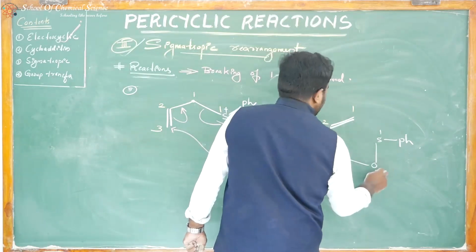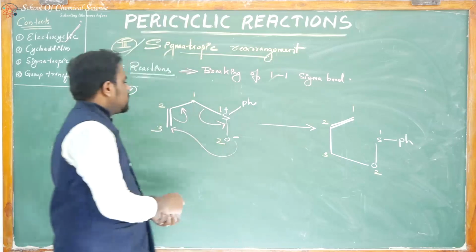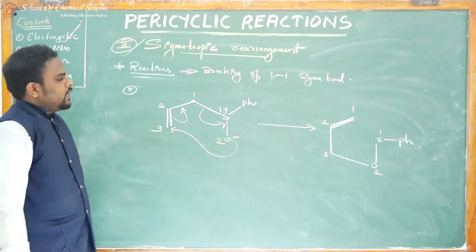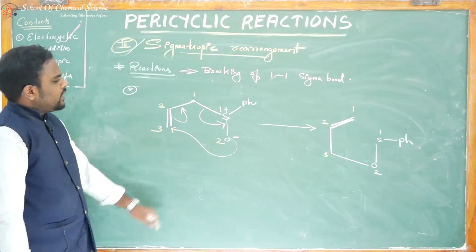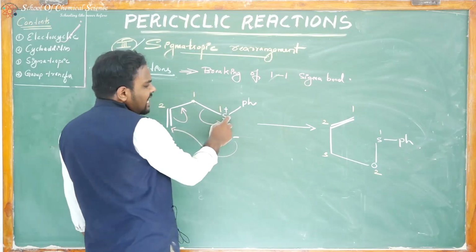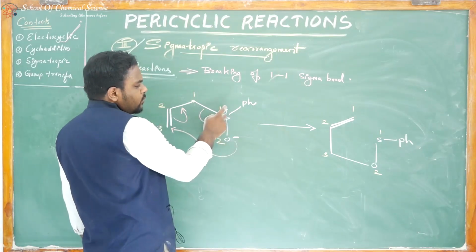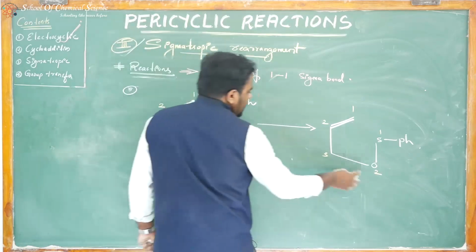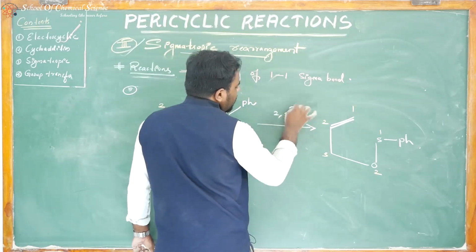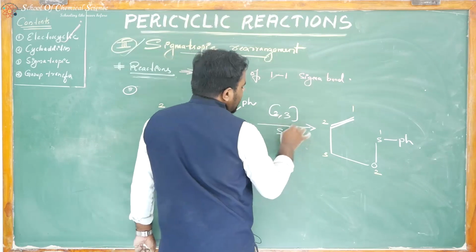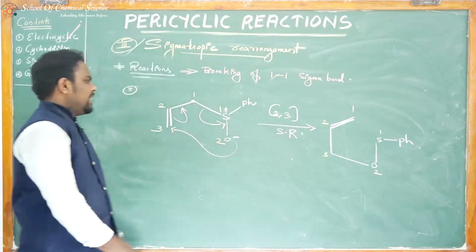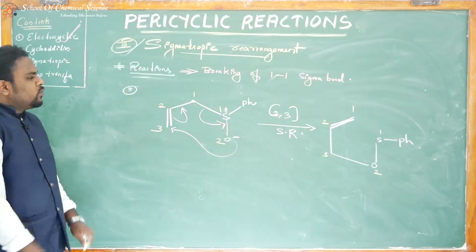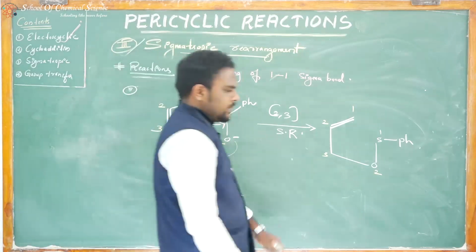Also 1, 2. So a new bond is formed between 2 and 3. This bond goes back to the sulfur, so the positive charge on sulfur becomes neutral. So this is an example for a 2,3 sigmatropic rearrangement.